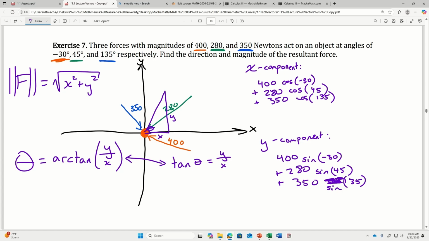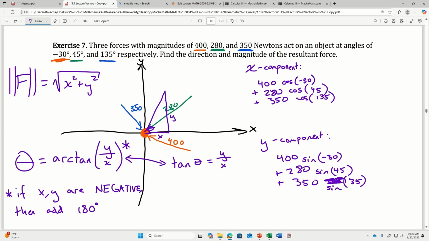I guess in this problem, since we're giving you the angles in degrees, you could just use degrees. So the asterisk here, the part that you have to remember, is if x and y are negative, then add 180 degrees, or you add pi.